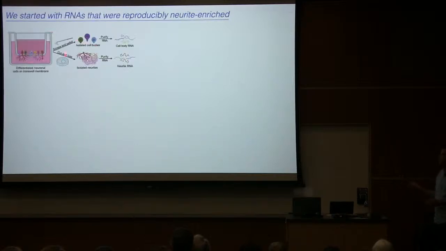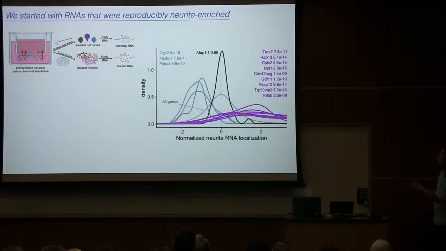We've done this kind of neuron fractionation and sequencing experiment 30 times, I think. So we know which RNAs are very reproducibly enriched in these neurites across a variety of samples. That's shown here. So we took 9 genes that we saw very reproducibly enriched in neurites, and 4 control genes that were not enriched in neurites.